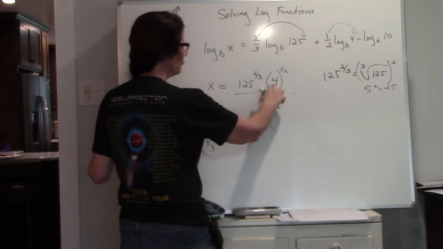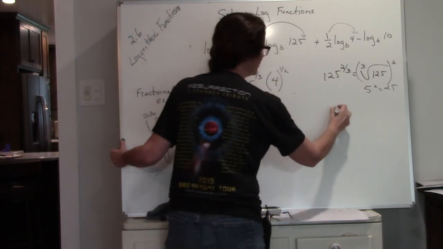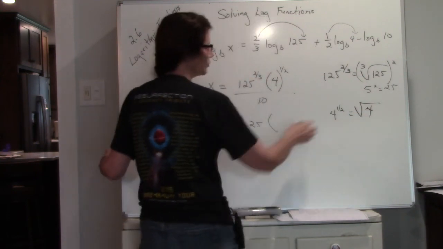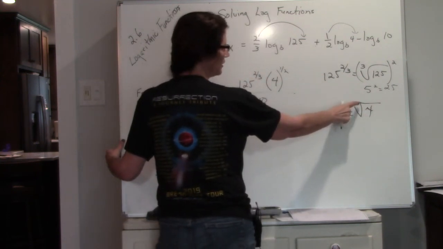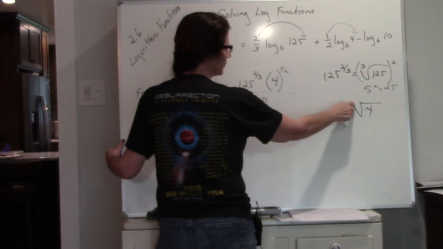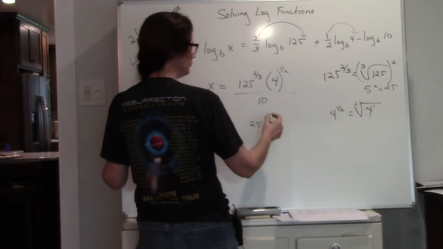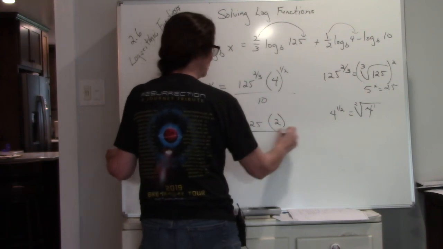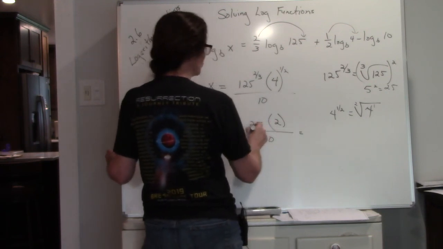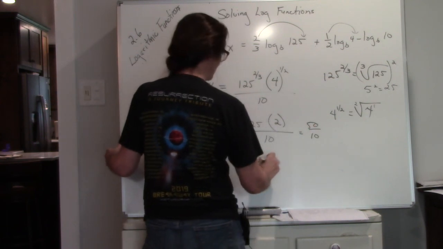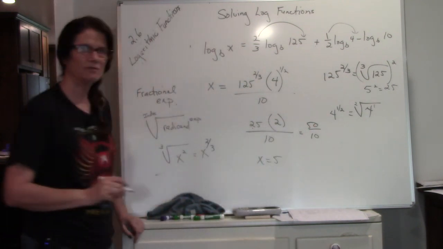This number, 4 raised to the 1/2, is the same as the square root of 4. So remember, a square root has an assumed 2 here. So there's the 2 there, the 1 there. So square root of 4 is 2, all divided by 10. So 25 times 2 is 50, divided by 10. So my x equals 5.